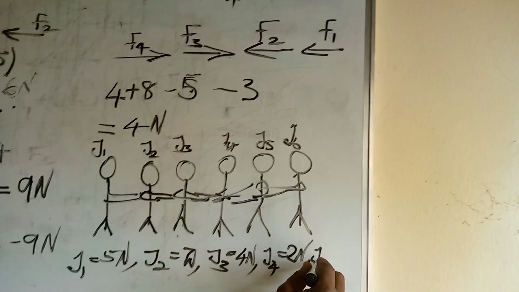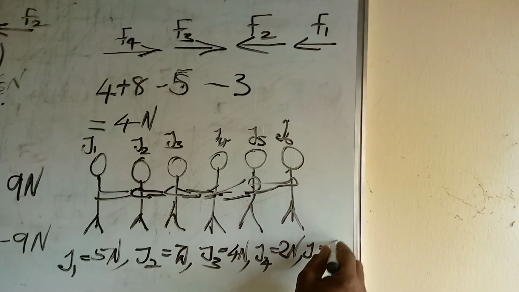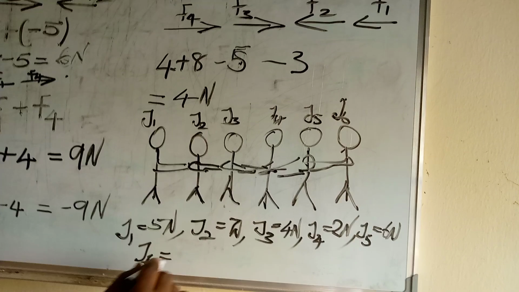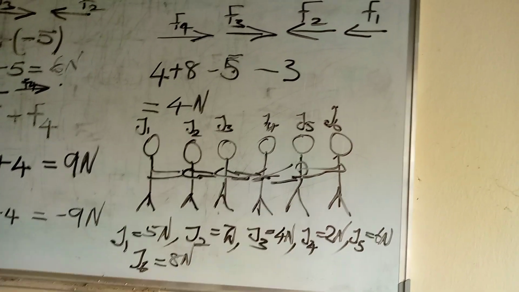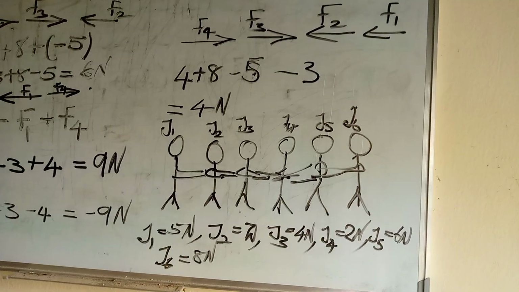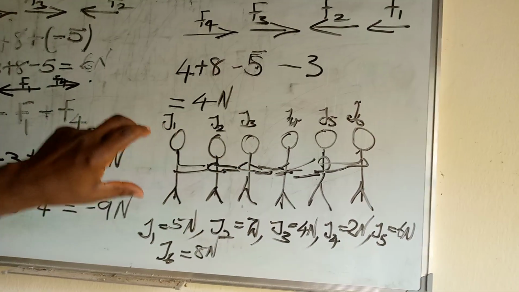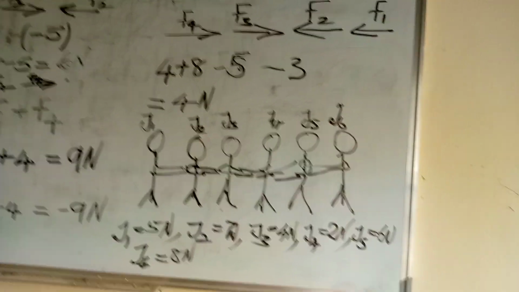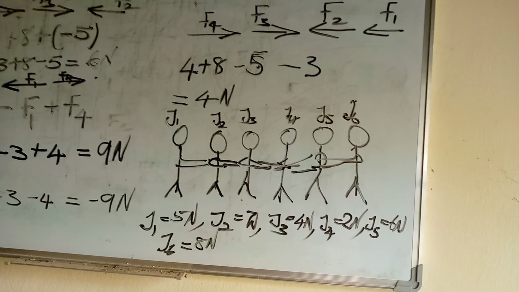J5 is bringing 6 newtons. J6 is bringing 8 newtons. The question is, which group will win this tug of war? Let us see which group will win.